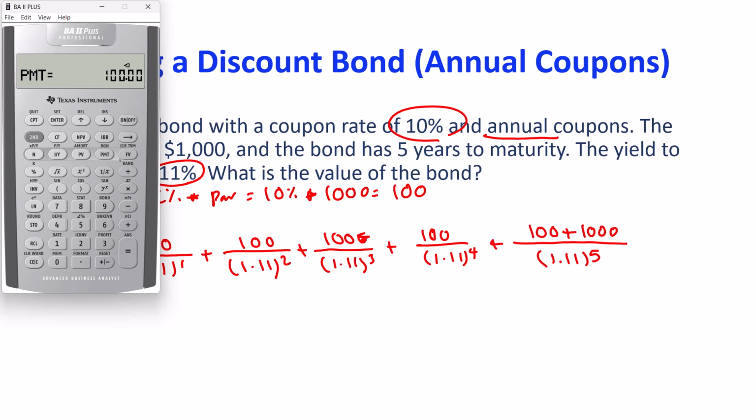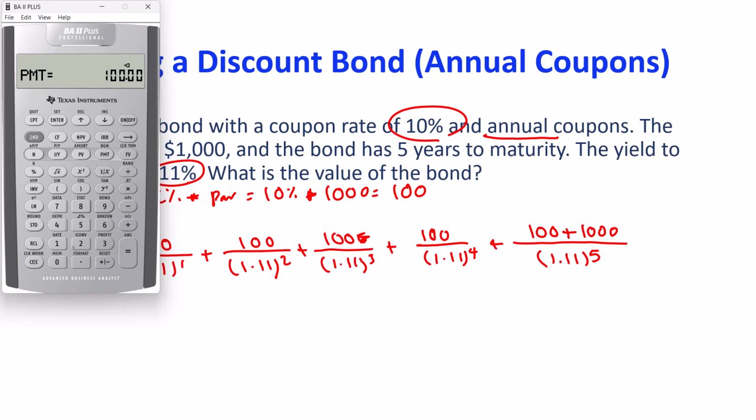As an investor in this bond, I'm going to receive $100 payments and I'm going to receive $1,000 face value. These are inflows for me, so the signs are going to be positive. From the point of view of the company, payment and face value would be negative. But keep in mind that these two should have the same sign, payment and face value.